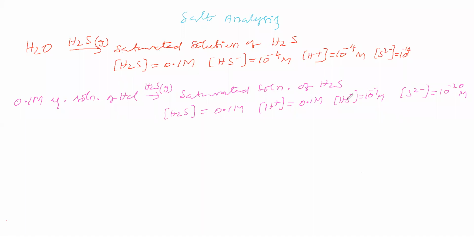Since they are the same in saturation, the same in nature, but the concentrations are different. Here the concentration of sulfide is lower than this, the concentration of bisulfide is lower than this, but the concentration of H plus here is higher than this one. Why is it so? What effect is playing a role here?